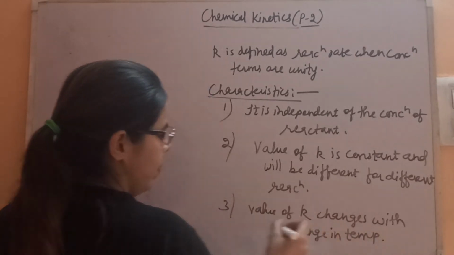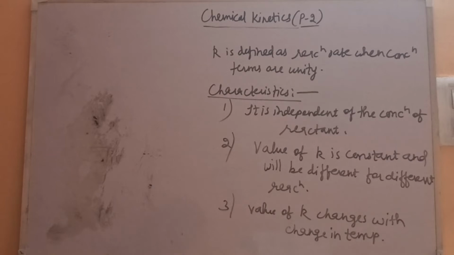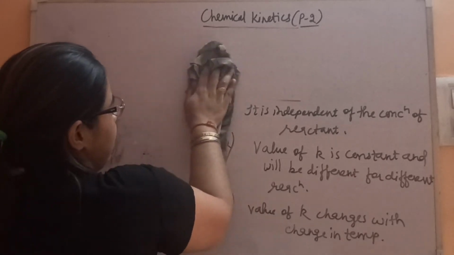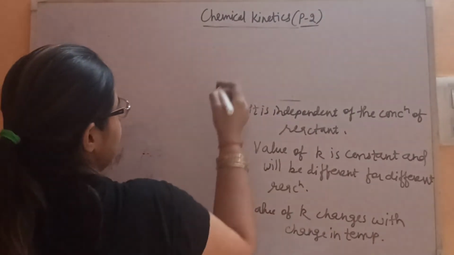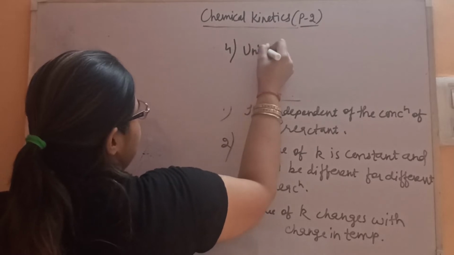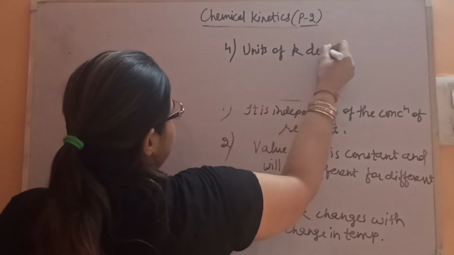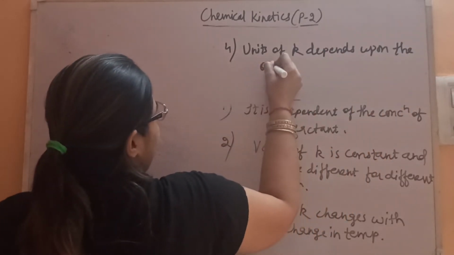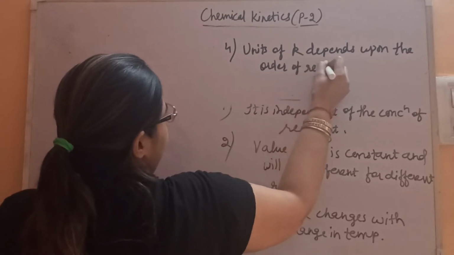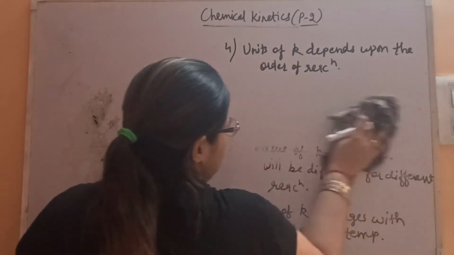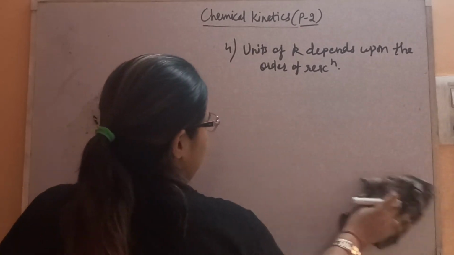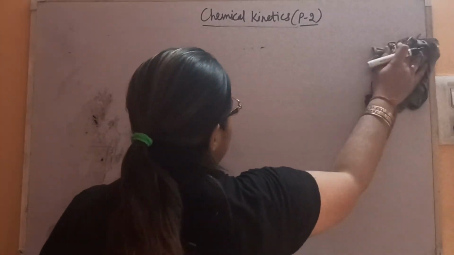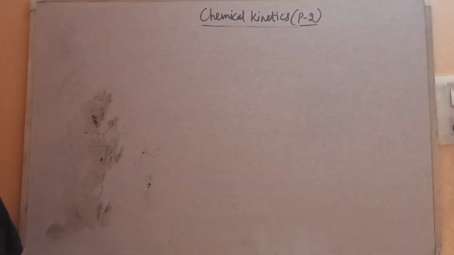And the fourth one, the units of K depend upon the order of reaction. We'll see later on how its units depend upon the order of reaction. So let's see now what is order of reaction. Let's define order of reaction.